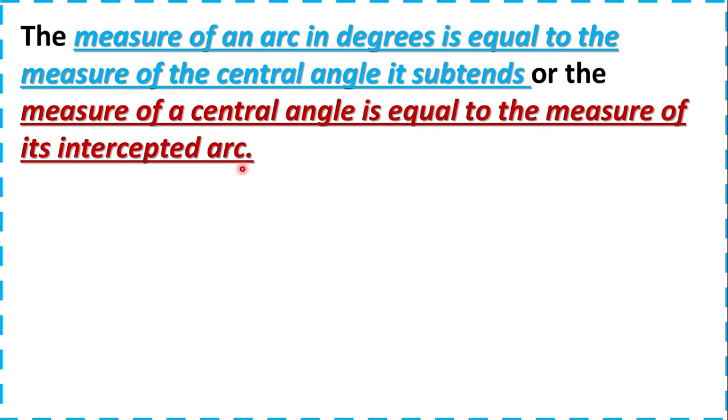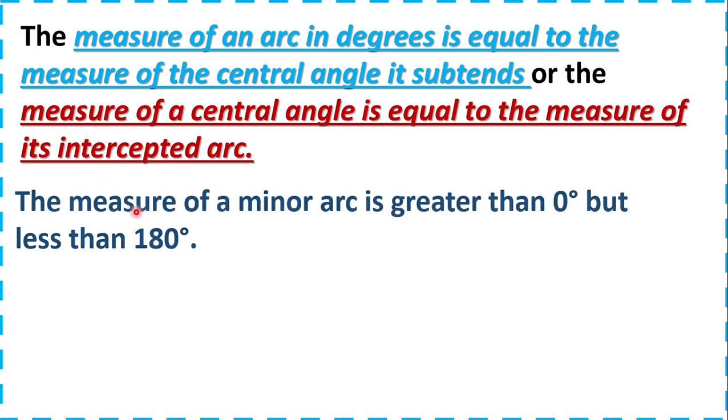The measure of an arc in degrees is equal to the measure of the central angle it subtends, or the measure of a central angle is equal to the measure of its intercepted arc.